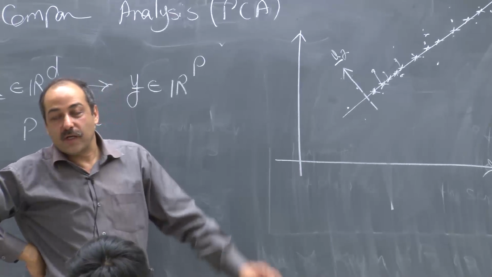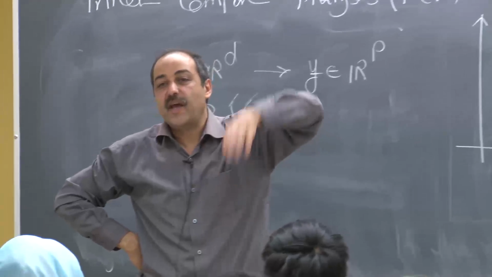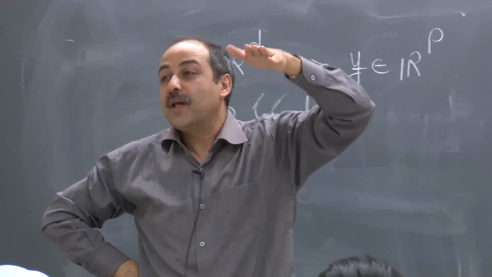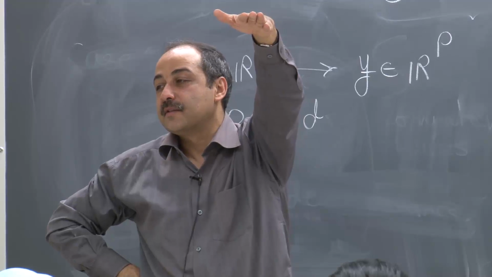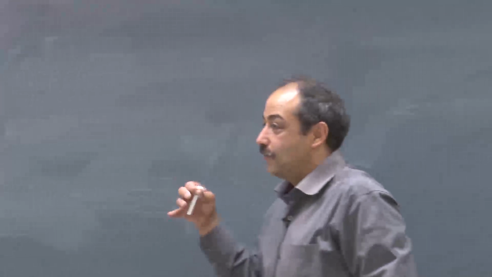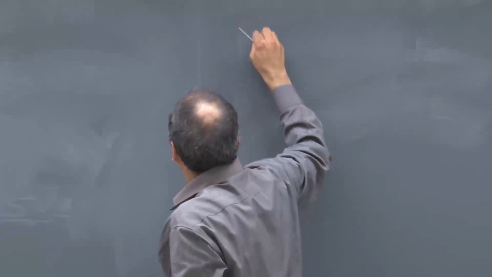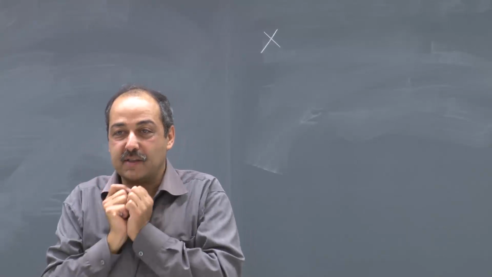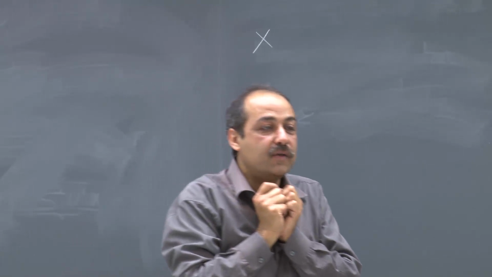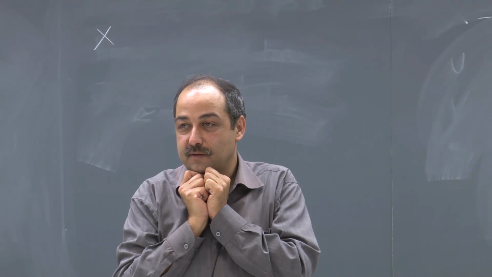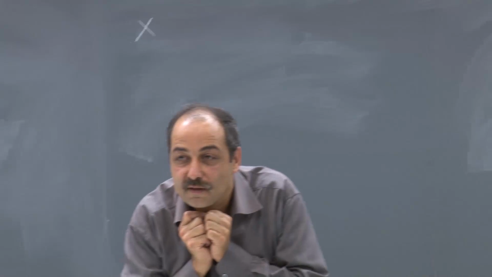Let me put the question this way. Suppose that you know the variance of X. Let me go one step even before that. I have all of my points, X. If I multiply X by a constant, how does the mean of these points change?